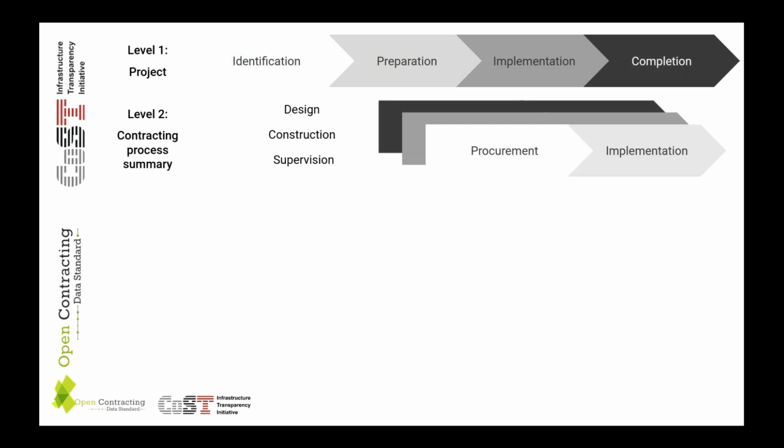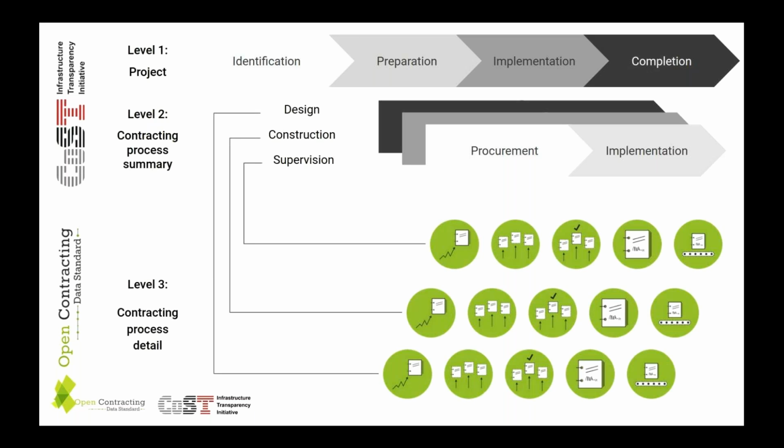And then level 2 in OC4IDS is the contracting summary level. What this does is capture key information about the contracts, including design, construction, and supervision. And then level 3 of OC4IDS is the contract process detail level.